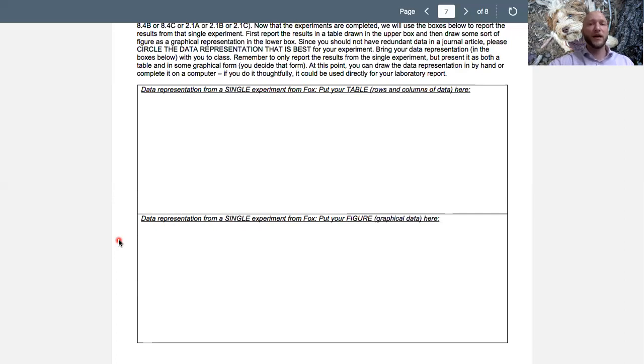Some of your line graphs, some of your bar graphs might just have 2 bars, 2 pieces of data. That's fine. I also understand that we didn't do these experiments live. We haven't actually performed them. That's fine. There is experimental data, supplement data, example data in the lab supplement for all of these experiments. Please use that example data.